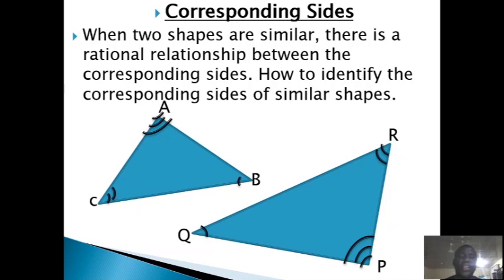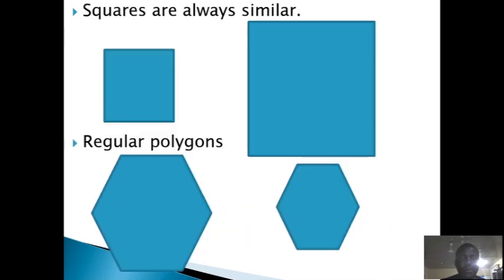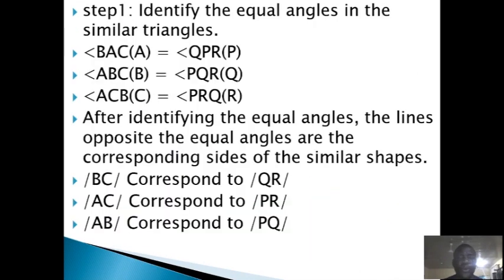Line PQ. Correct. So now we are clear with corresponding sides. I said the corresponding side is always the line opposite the equal angles of the first shape.